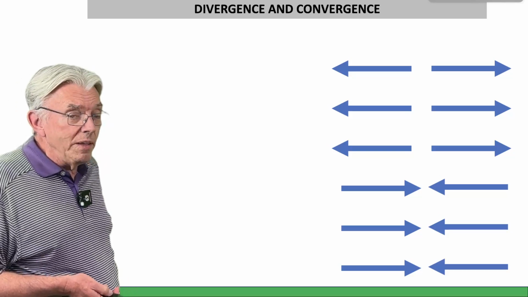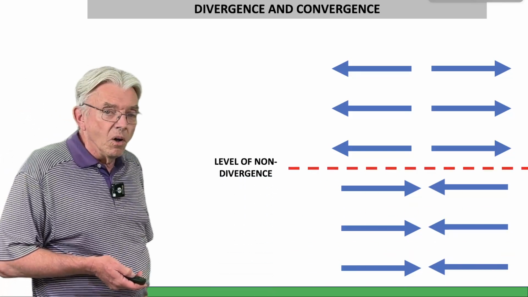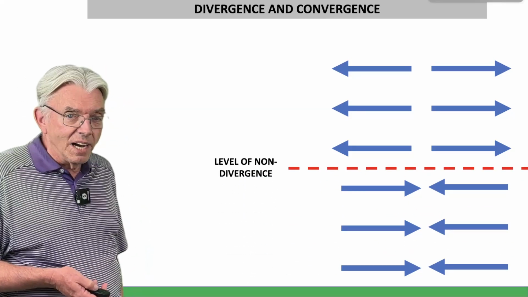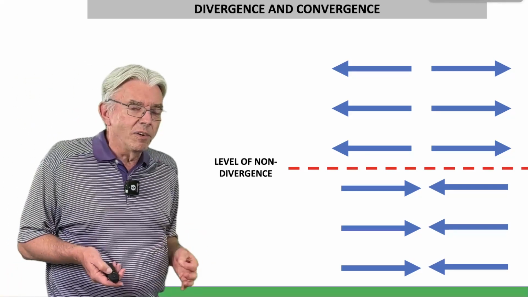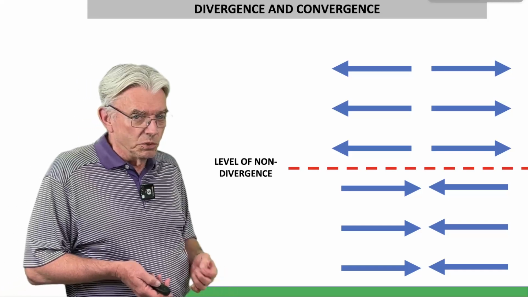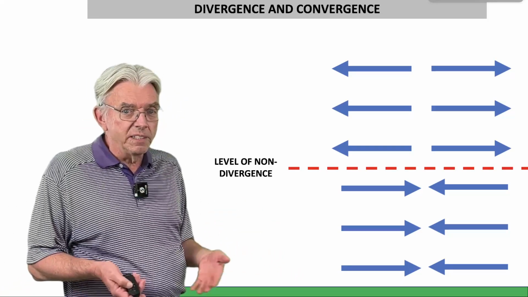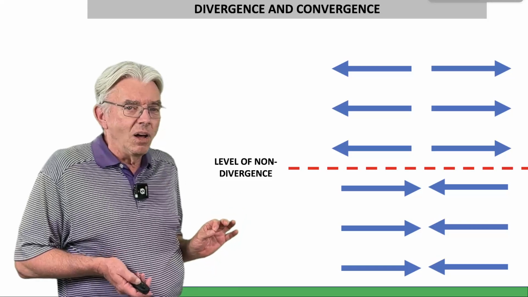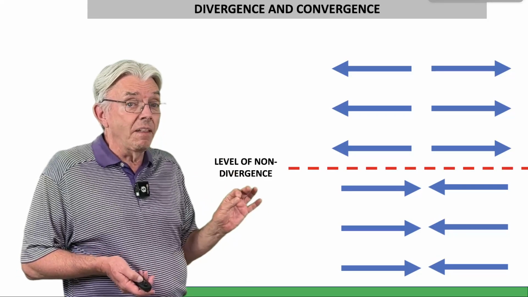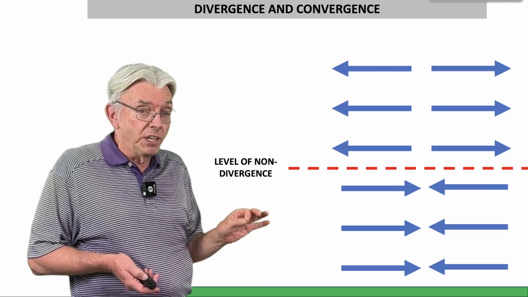And right in between those two is what we call the level of non-divergence, okay? And one of the reasons that the 500 millibar chart was used early on and continues to be used to this day is that we're very interested in how the amount of vorticity or spin in the atmosphere is going to change.